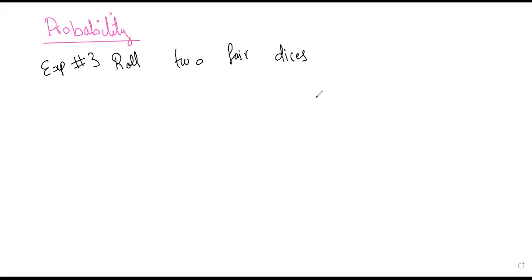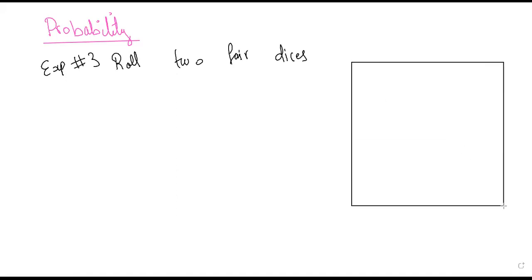Excellent. Now, it depends on the scenario. Let's say we have 2 dice, a blue one and a red one.